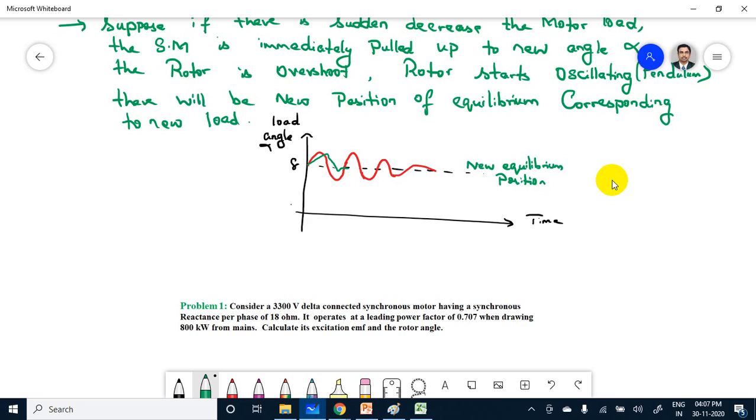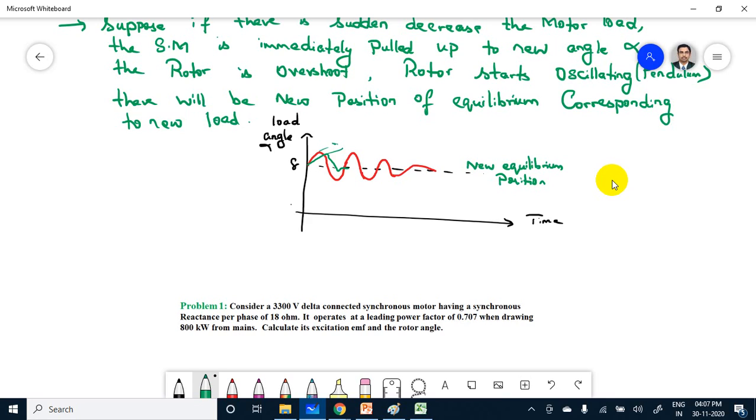So you see this waveform. Actually this waveform will be a normal waveform, and this waveform is when the machine starts. If you decrease the load, there will be sudden disturbances in this wave.